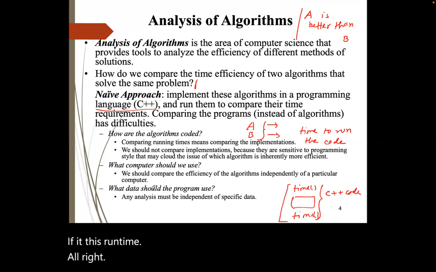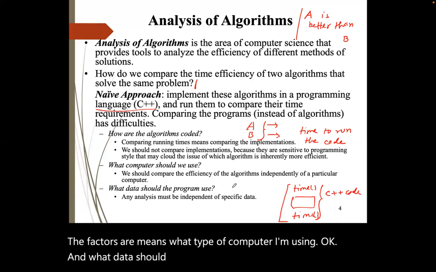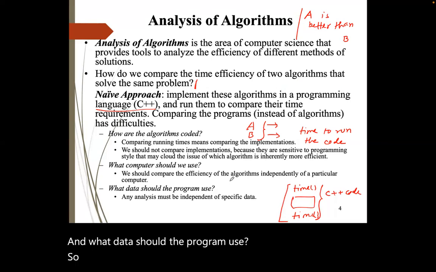So the factors are what type of computer I'm using, and what data the program should use. When I compare two algorithms, I should not think about what type of implementation I did.